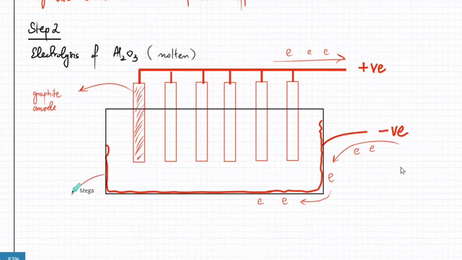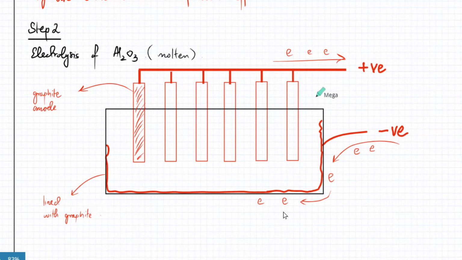And the container is going to be lined with graphite so that the container can conduct electricity as well. Graphite has free moving electrons. So if the battery starts pulling electrons, the electrons would start moving. So the container would be lined with graphite so that electrons can move around.